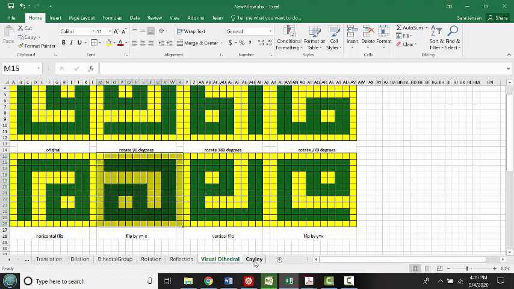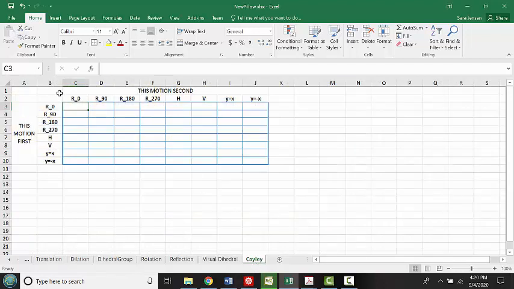So I'd come over here to my table, and in row R90, that was the motion I did first, in column H, what I should write here is y is equal to negative x. The task I'm assigning you is to fill in this entire chart, and we're going to put it into the course log so we all have it to reference for future use.